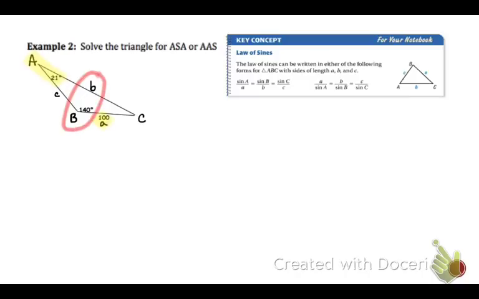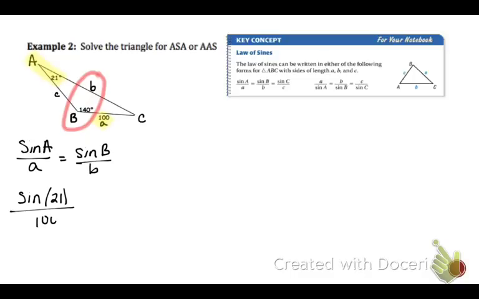So we have sine of big A over little a equals sine of big B over little b. So let's plug in what we know. I messed that up. It doesn't matter, but I'm going to make sure I do it right. Sine of 21 over 100 equals sine of 140 over little b.